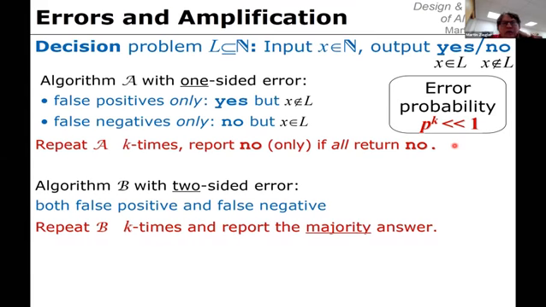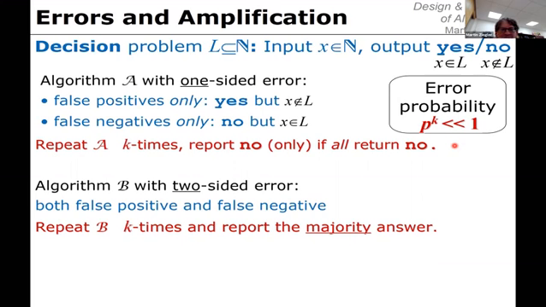We are going to repeat the algorithm again k times, but now we're going to report the majority answer. So among these k executions, if more than k over 2 times the algorithm says yes, then also our new algorithm will say yes.